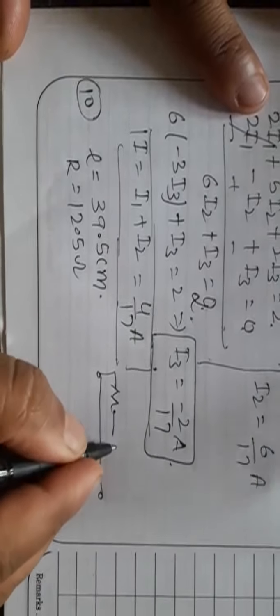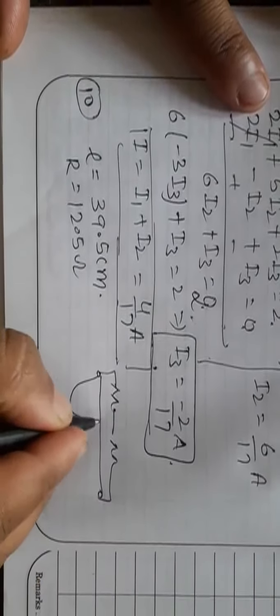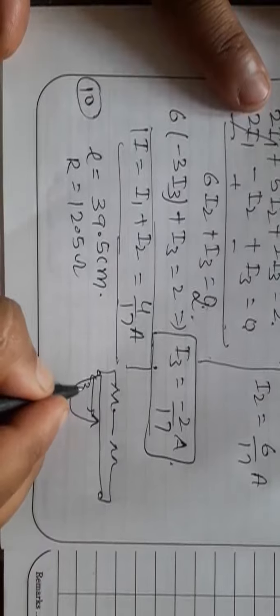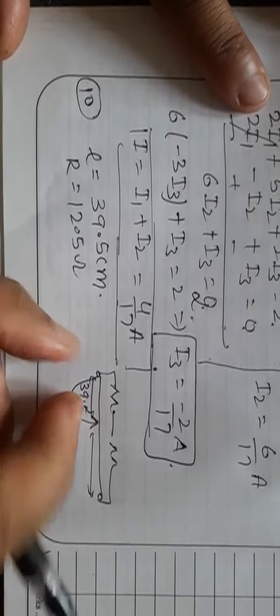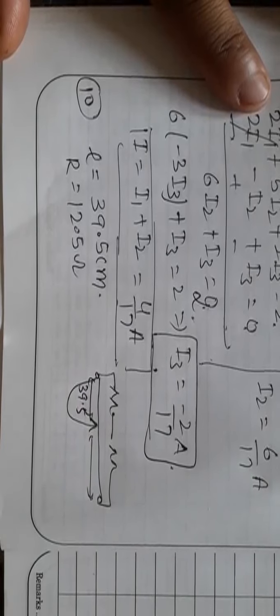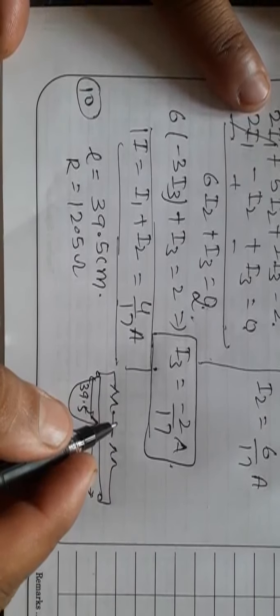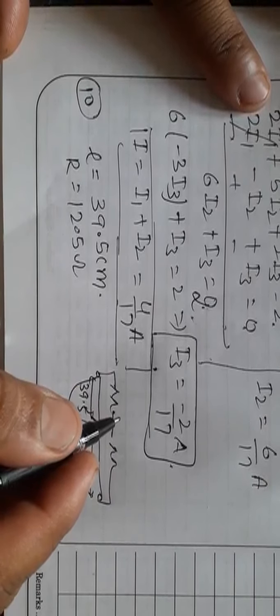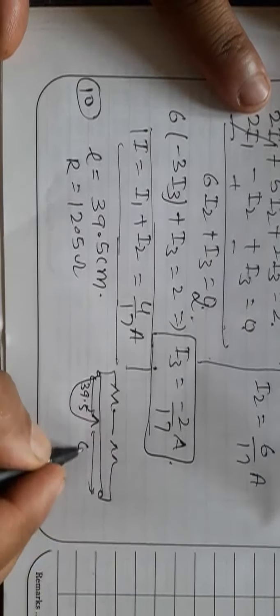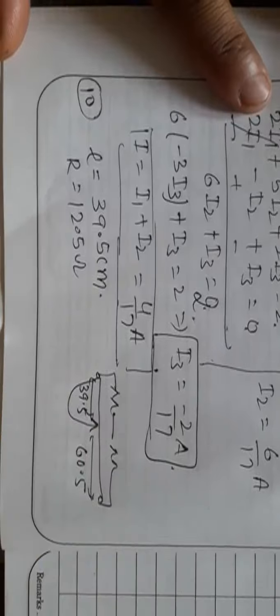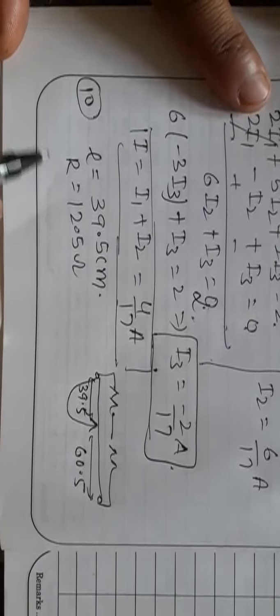There are two resistances connected. The balancing length is given to you as 39.5, so the other length will be 100 minus 39.5, which is 60.5.